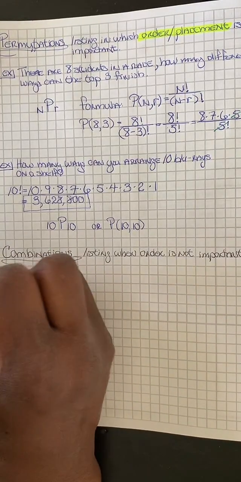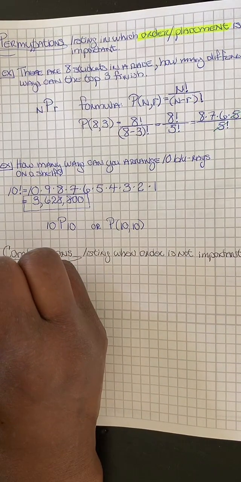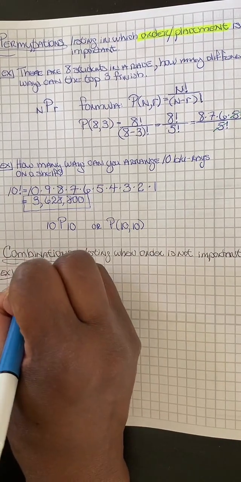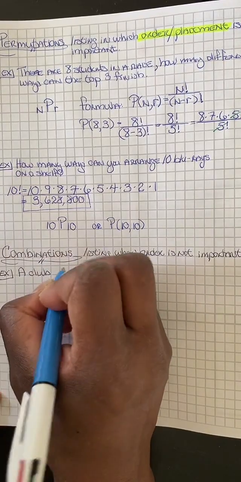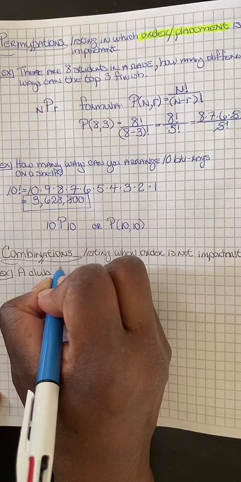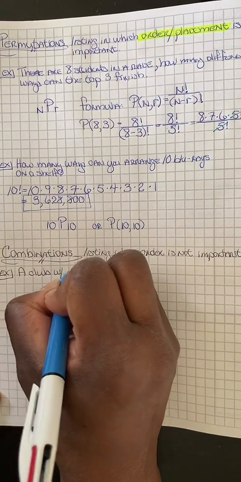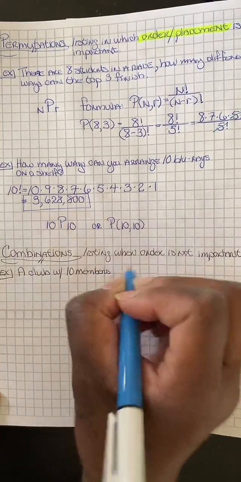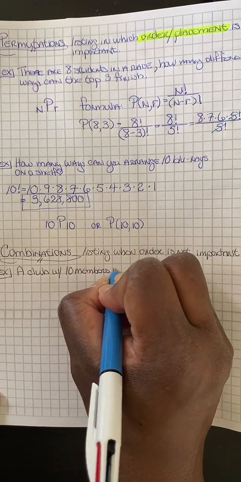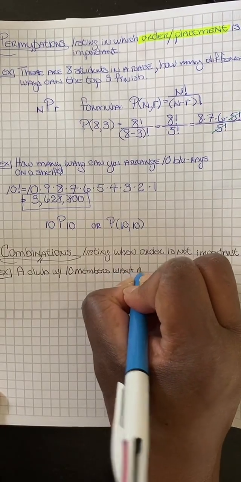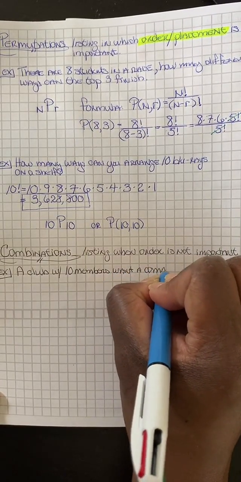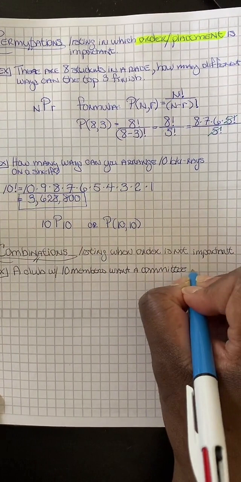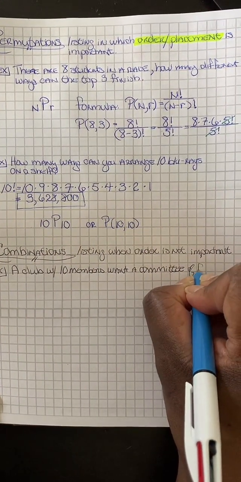Let's say a club with 10 members wants a committee of 4 members.